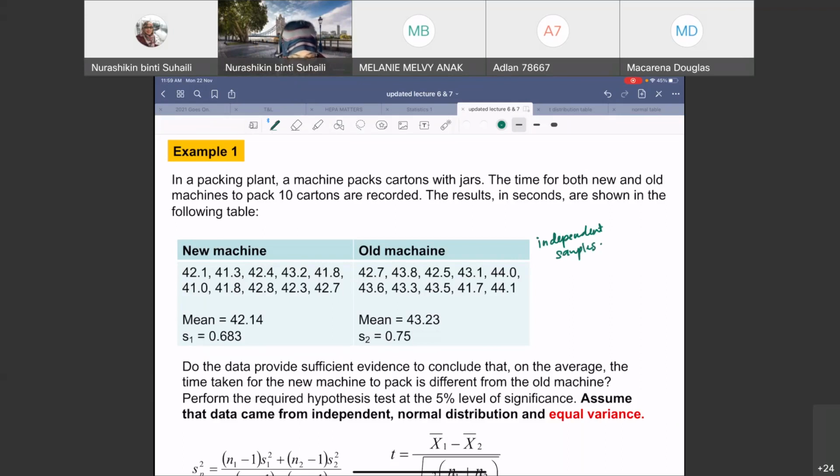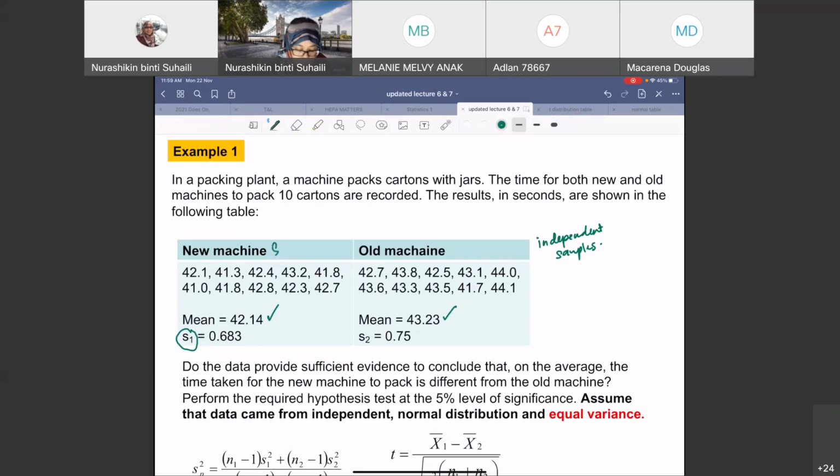Okay, so this is the mean of sample 1, mean of sample 2. Now don't get confused. This one is the standard deviation of the sample, not the standard deviation of the population. So we are talking about sample.